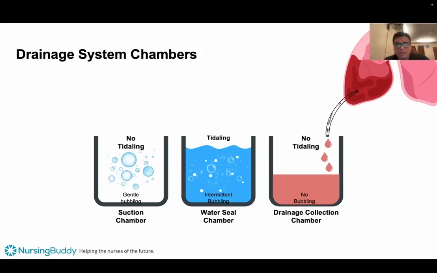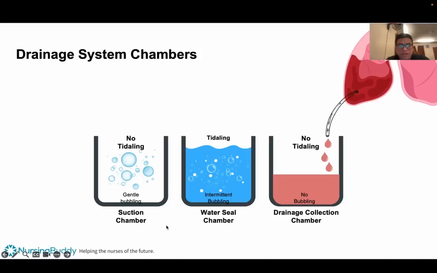So big word in the board examination, your chest tube, your CTT, has what we call a drainage system. Okay, basically it has three basic drainage system chambers, and we call these chambers the suction chamber, water seal chamber, and drainage collection chamber.